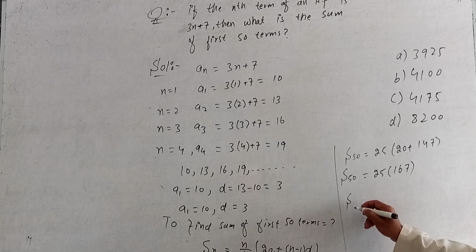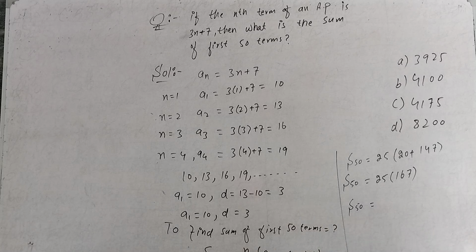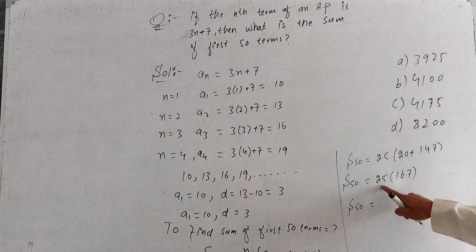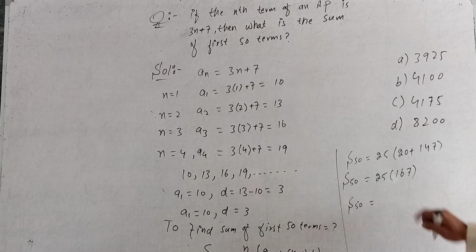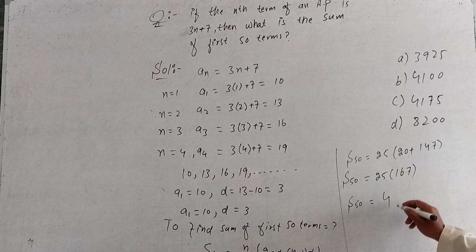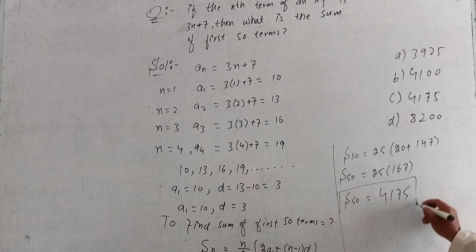So the sum of the first 50 terms equal to, if we multiply 25 with 167, then it will give me 4175.